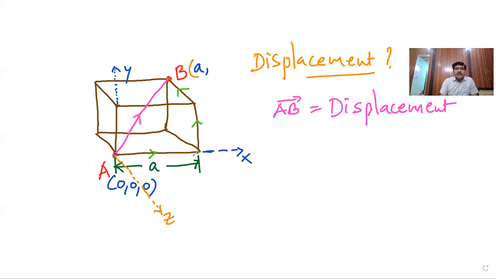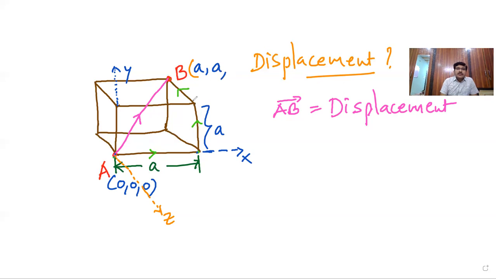And towards Y, upward. Be careful. Towards the X direction, positive x-axis, plus a. And towards the Y direction, upward, again this is also a, because in a cube all sides are the same, small a. So again, positive a.